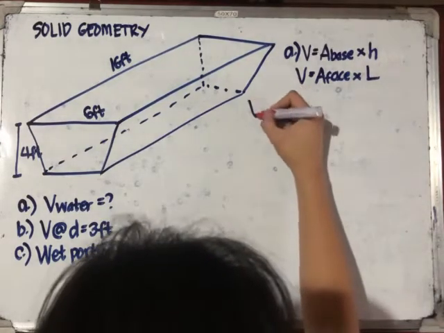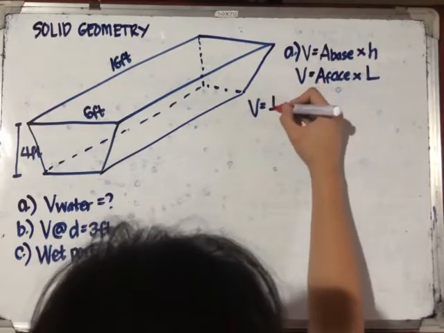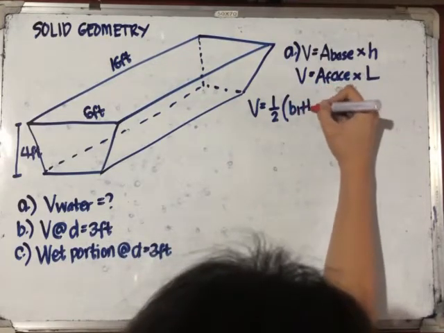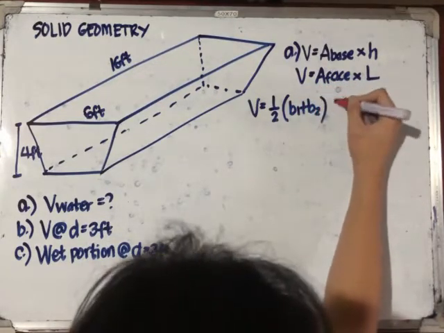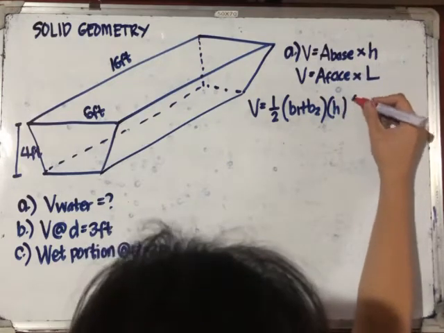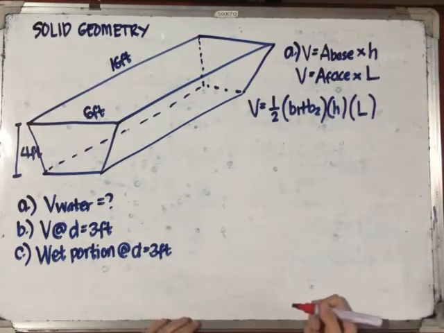Okay? So, area for trapezoid is 1/2 base 1 plus base 2 times height. Okay, then mumultiply natin siya ngayon by the length. Alright? So, ayan na.